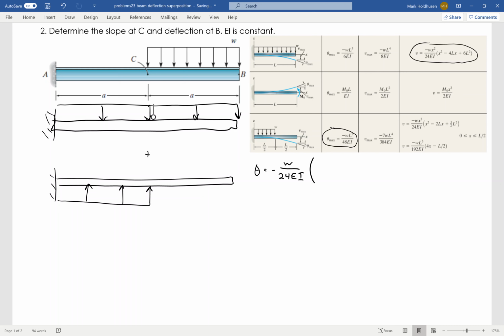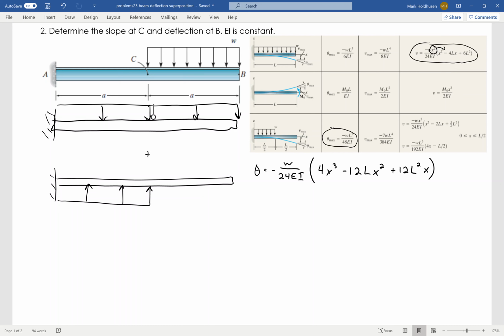Instead of x squared, I'm going to have x to the fourth, so the derivative of that would be 4x cubed, minus 12L x squared for the next one, right? Because instead of x squared, it'll be x cubed, so I bring that down and get the 12. And then plus 12L squared times x for the last one. Again, I distribute that x squared back in to all of those, and figure it out from that.